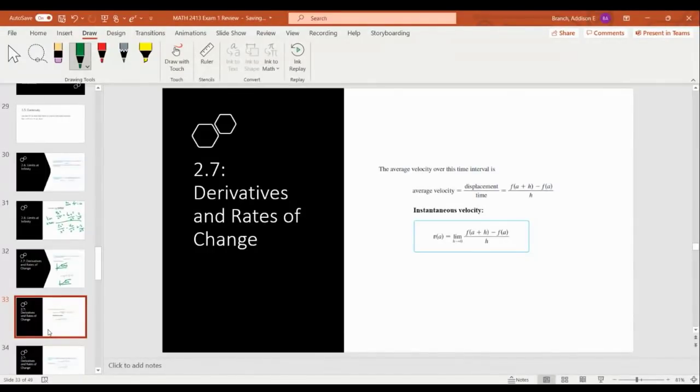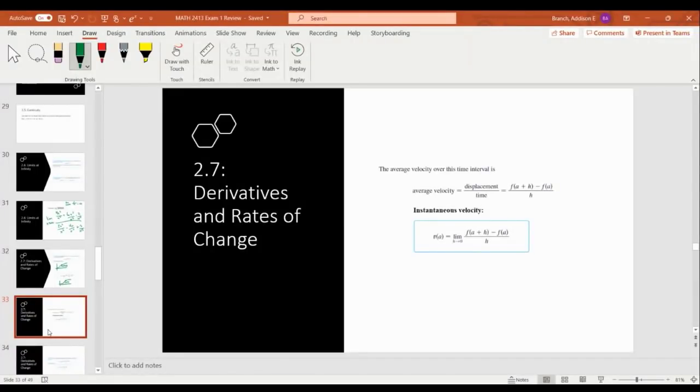The same theory can be applied whenever we start talking about velocity as well. So earlier we said velocity is going to be your change in position over change in time. We can take that and use that to find instantaneous velocity.